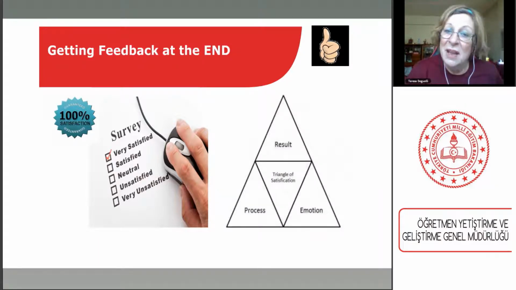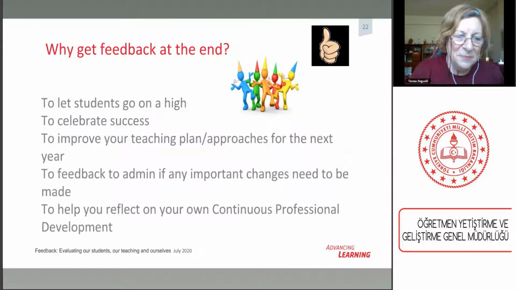We'll also be evaluating the emotions that the students felt and how they feel at the end of the year, and also the whole process that we used throughout the year. So we're looking at results, we're looking at emotions, we're looking at the process we use, and this is what we call the triangle of satisfaction, if all of those are good at the end.